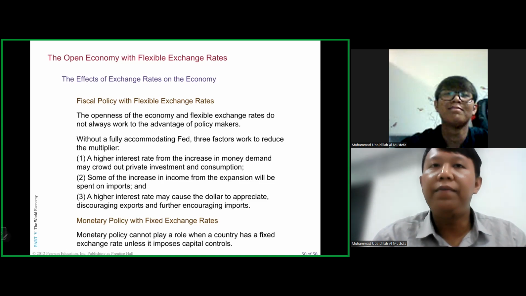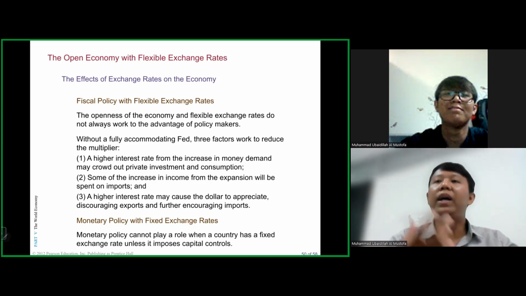So once we have a high interest rate, it may cause the local currency to appreciate. And this will, of course, discourage exports, because our product becomes more expensive.